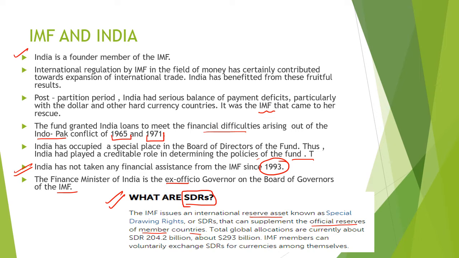Currently, total SDR allocations are about 204.2 billion, about $293 billion. IMF members can voluntarily exchange SDRs for currencies among themselves.